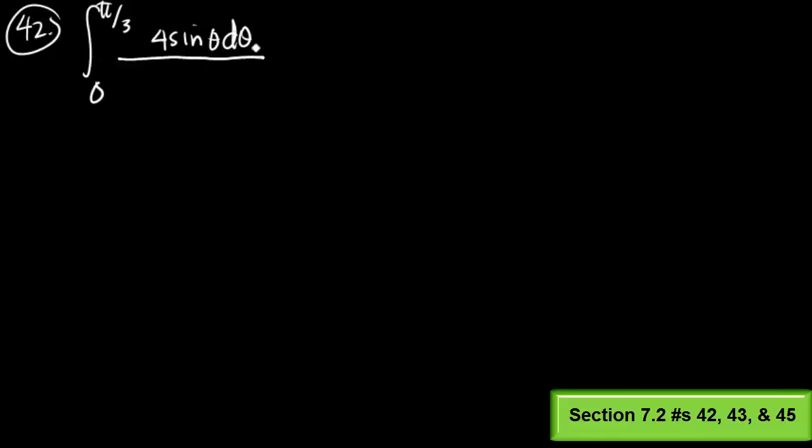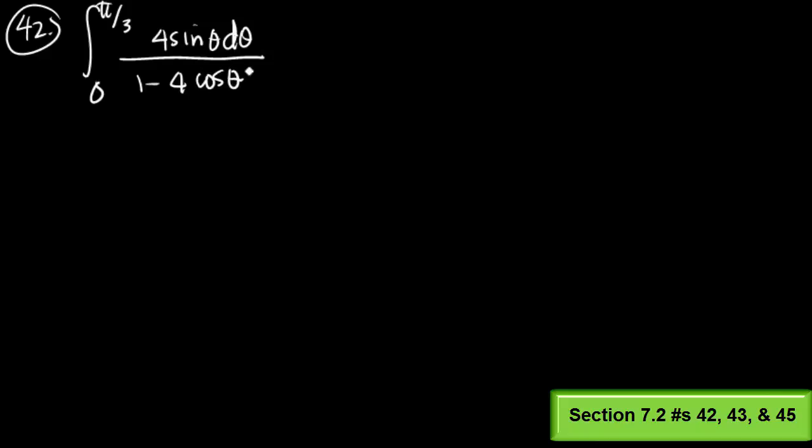So number 42, we're looking at finding the definite integral from 0 to pi over 3 of 4 times sine theta d theta all over 1 minus 4 cosine theta.